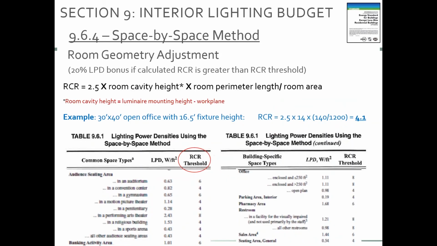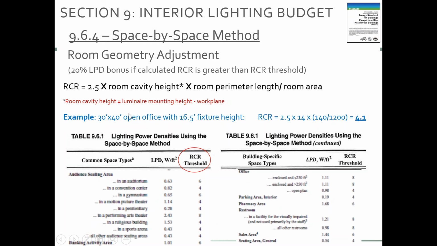And then each table has this little thing called the room cavity ratio threshold. For example, in an open office under 2,500 square feet, let me show that one, the room cavity threshold is 4.